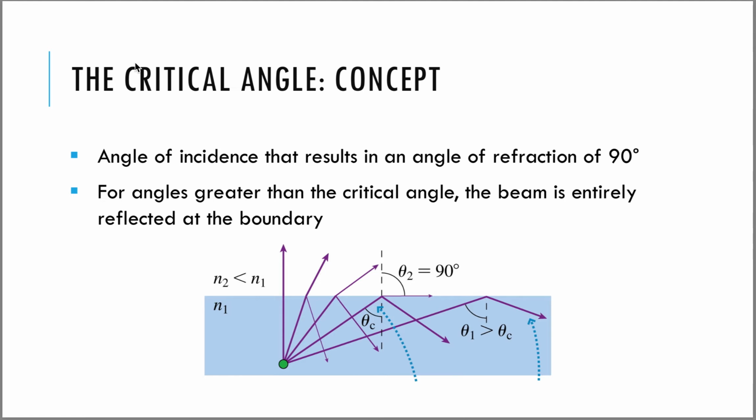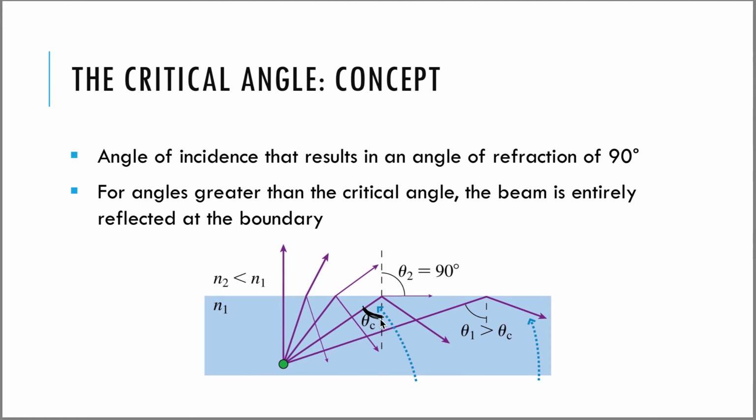Let's look at a couple more details of this. We understand the concept, hopefully now, that total internal reflection occurs when all of the light is reflected. What we need is an angle of incidence that results in an angle of refraction of 90. So that's this case right here.